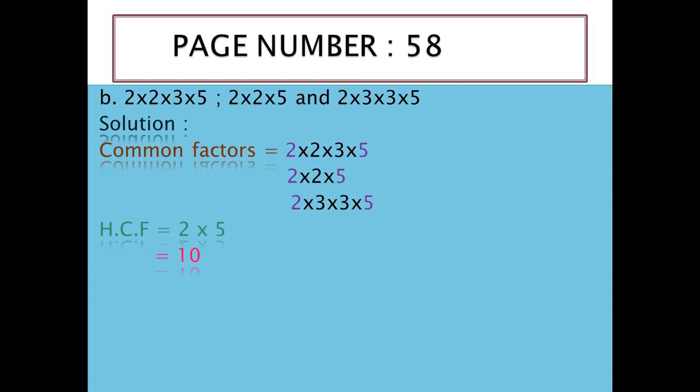I think only one number was given in your previous class, but in this section we find the LCM and HCF of more than 2 or 3 numbers. The formula of LCM is HCF multiplied by all the other factors, and HCF means highest common factor.